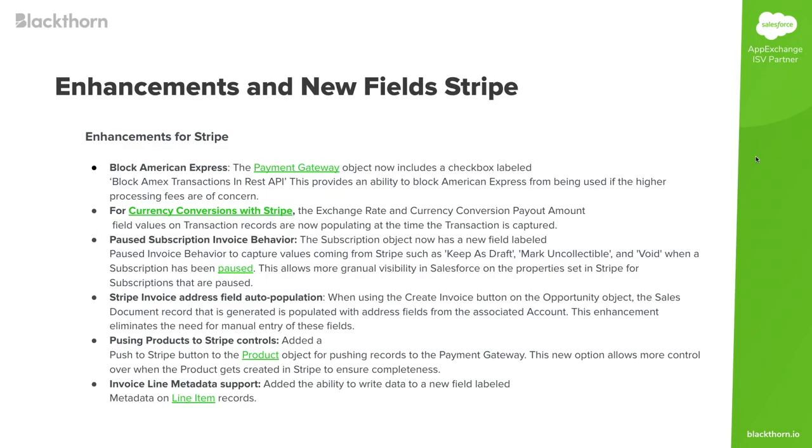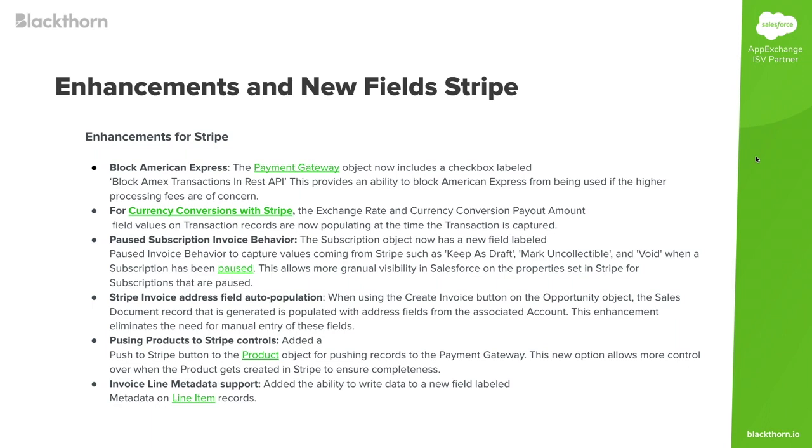Next, we'll go through our enhancements and new fields that are specific to Stripe. We have quite a list of items to run through that are enhanced for Stripe customers in particular. So we will go through a new feature that we've added to block American Express payments for customers using certain checkouts like Document Link and PayLink, as well as those who use our REST API.